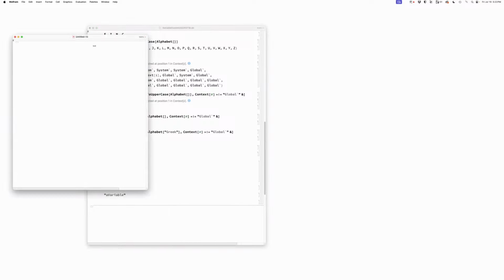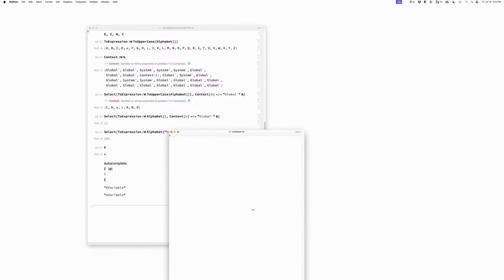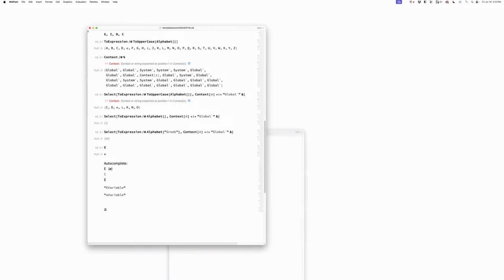Let me try a different window. Oh my gosh, this is totally weird. Okay, well, anyway, whatever. I don't understand why this is happening, but you know what I'm going for. I'm making a quantity which is now displayed differently, right?